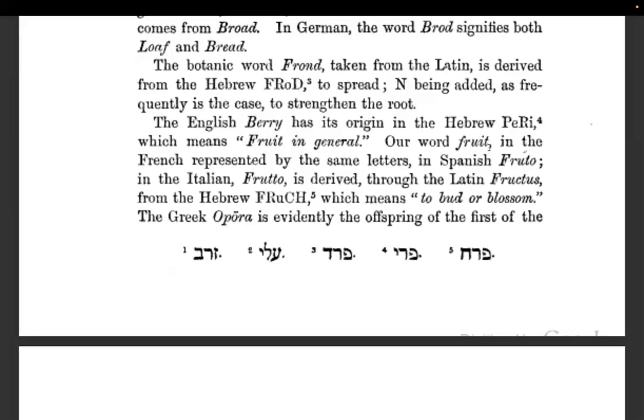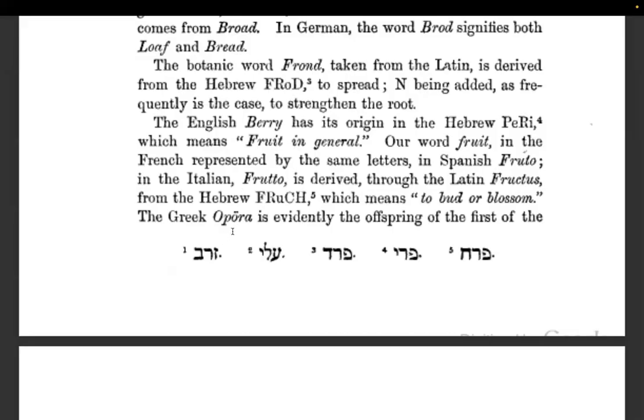Our word fruit in the French represented by the same letters, in Spanish fruto, in the Italian frutta or frutto, is derived through the Latin fructus from the Hebrew faruch, which is pe resh chet, which means to bud or blossom.